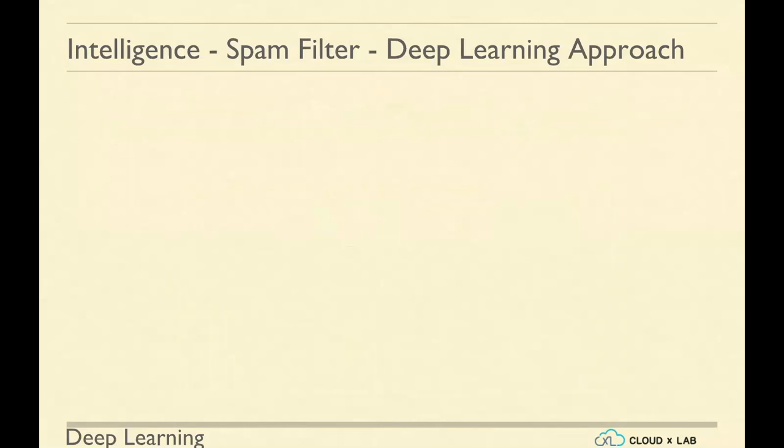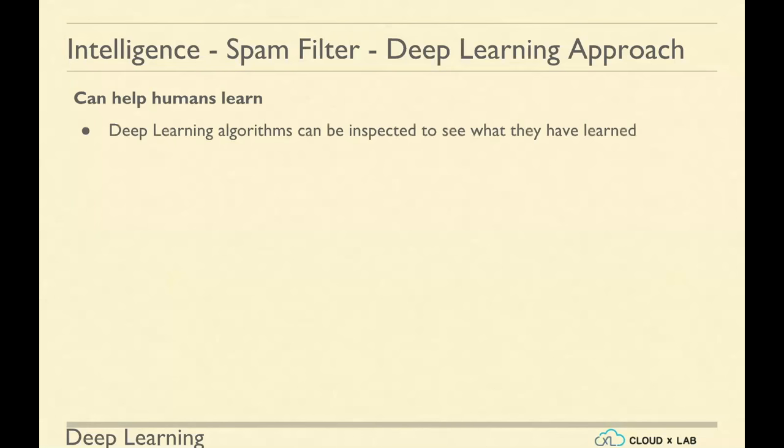The question is, can machine learning be helpful for humans? Answer is yes, in many ways. It can help us learn various aspects of the email, so we can inspect what the algorithm has learned.